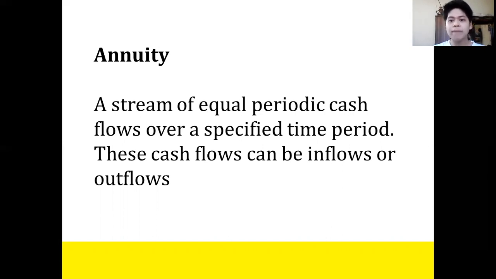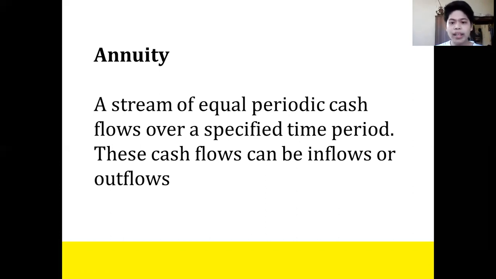And finally, over a specified time period. So the time period there is 3 years. Okay, so for 3 years, you will receive 1,000 pesos every year. Okay, so that is how an annuity works.